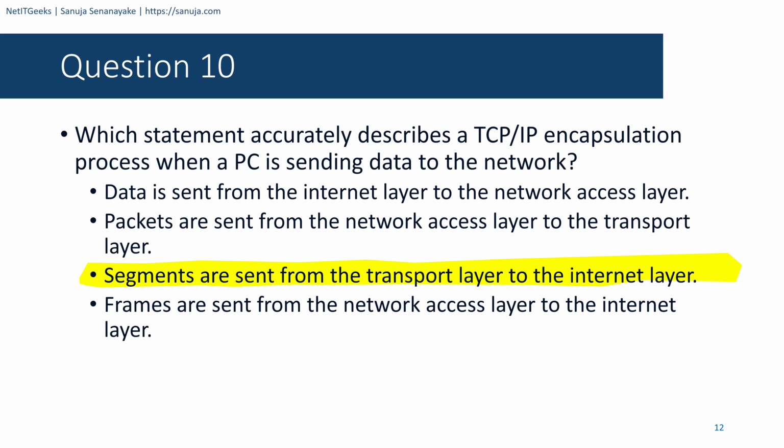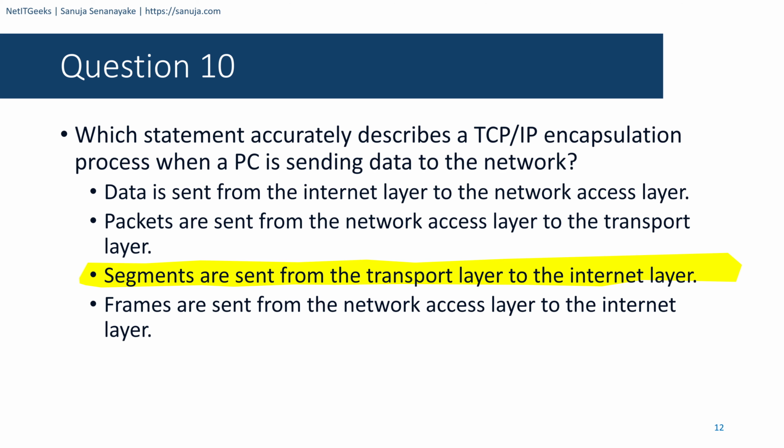But in the CCNA program, because we developed networks, it's not natural that we have these internet packet switching systems. We developed them based on the TCP/IP model, and we decided that segments are sent from the transport layer to the internet layer is how the TCP/IP model should work, and that's why this answer is correct. A few people asked me why this answer is correct. Because that's how we developed the TCP/IP model.